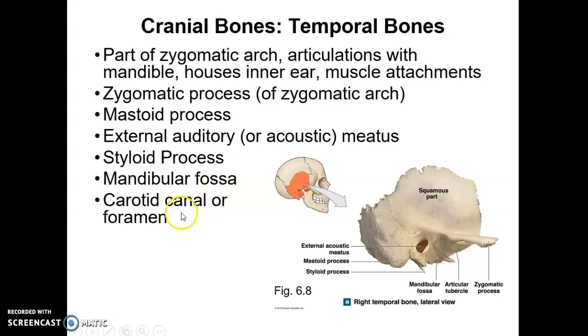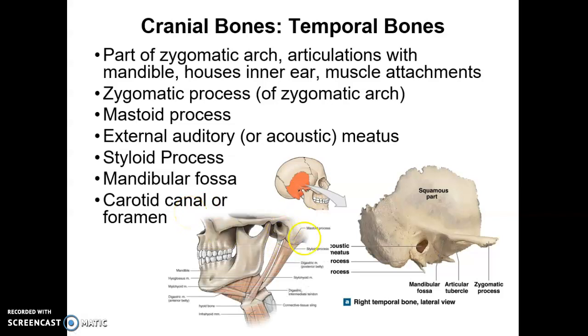And then the carotid canal or the carotid foramen, either term is fine. That's the opening for the carotid artery to enter into and serve the brain. And you can only really see this from an inferior view of the temporal bone. Here's the mastoid process and the styloid process, and it shows you how the muscles attach to parts of the esophagus, larynx, to help support that.